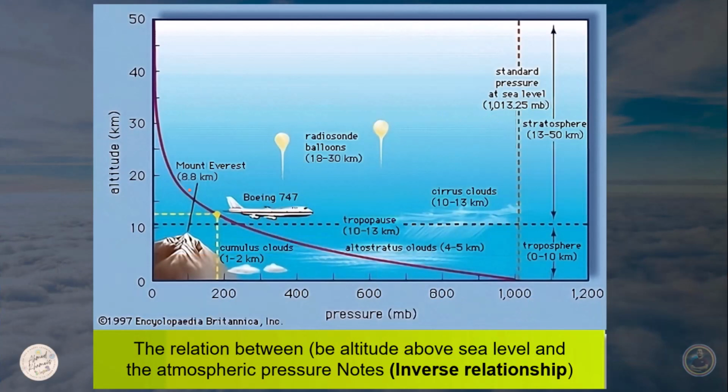So the relation between the altitude and the atmospheric pressure is an inverse relation, because as we go up, the pressure decreases. So here is the standard pressure at sea level. As we go up, the height increases and the pressure gets lower and lower.